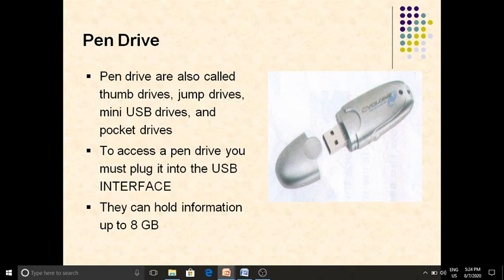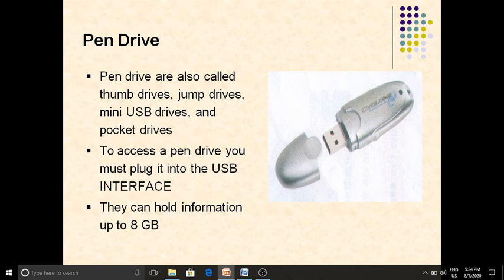To access a pen drive you must plug it into the USB interface. At the back or front side of the CPU box you have USB ports for using pen drives.